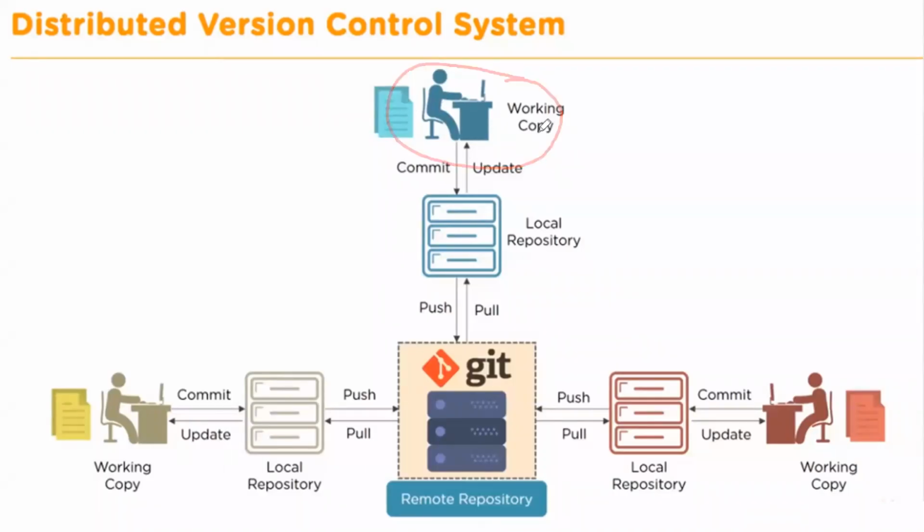This developer one has their own working copy. He will take the working copy, make changes to it, and push the changes. First it will go to the local repo, and from the local repo, it will go to the Git repo. So obviously he has to push.